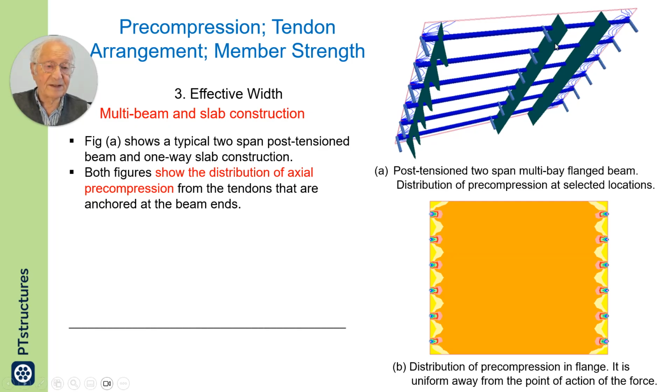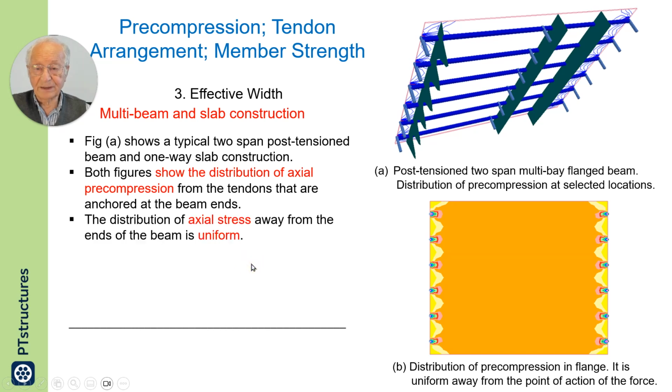The distribution of axial is uniform when you are far away from the point of application. At the point of application, there will be some distance for the compression to disperse, and it disperses uniformly. Here shows the dispersion, the little wedge-shaped area where the stress is less, but otherwise away from the point of application you have a uniform precompression as shown here.